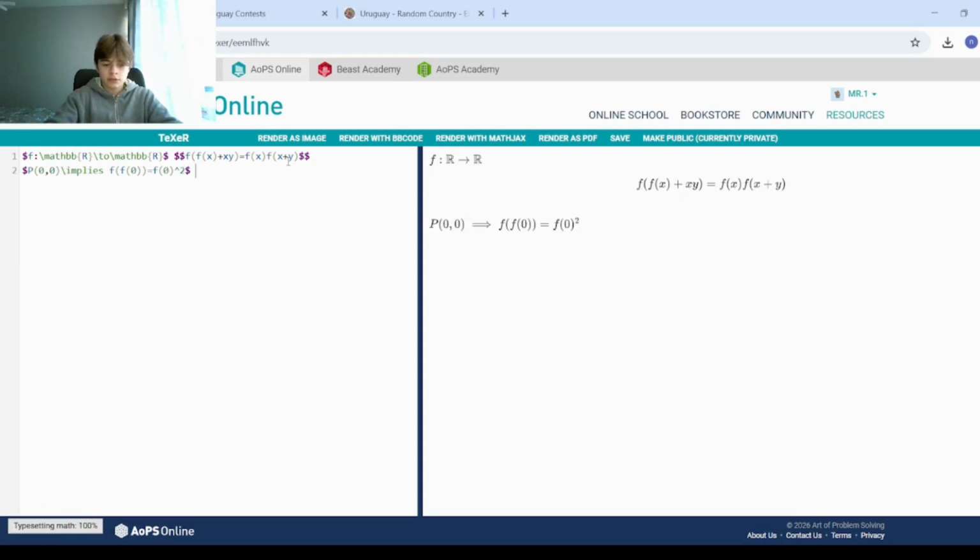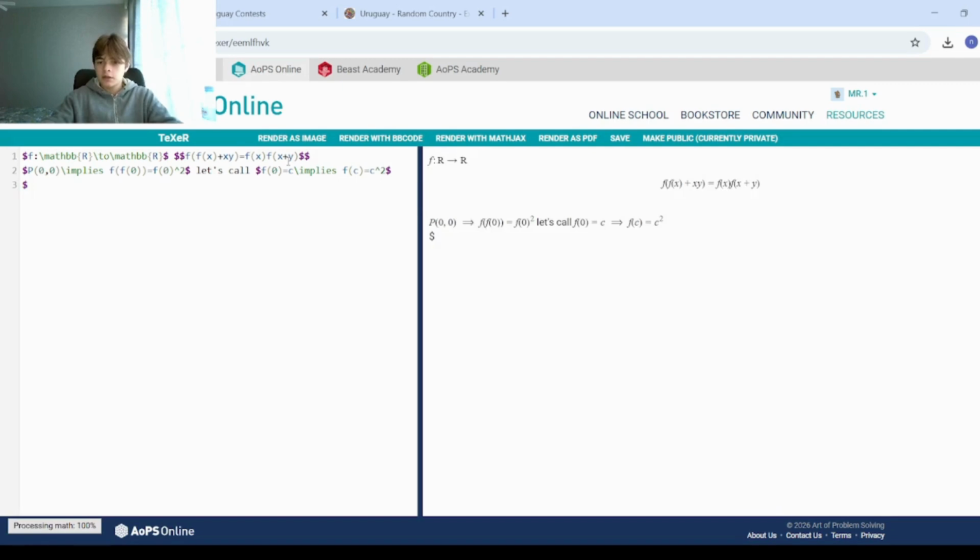So let's call f(0) c. So we have f(c) is equal to c squared.